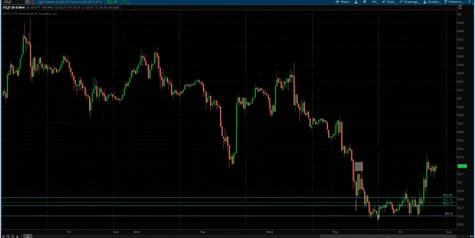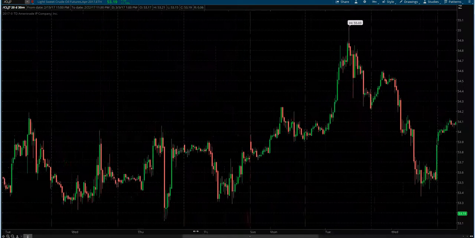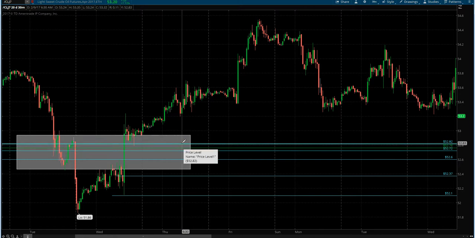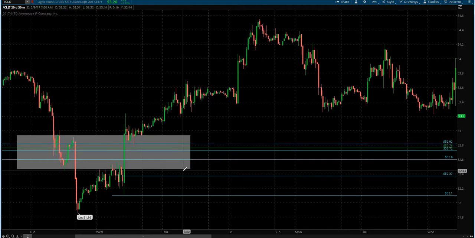So I'm even tightening my stop to 5 ticks instead of my normal 10. When I'm countering the trade, I tend to use a tighter stop, because in case I'm wrong, I want to be wrong by a little bit, not by a whole lot.